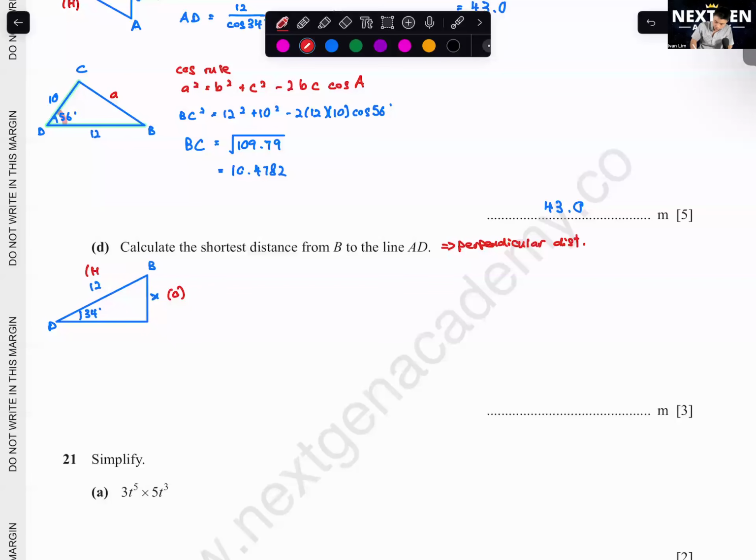This one is hypotenuse. Normally that is sine. So if you don't get a sine, maybe it will be wrong. X is 12 sine 34. Type this in the calculator. We will get 6.71 to 3 SF.